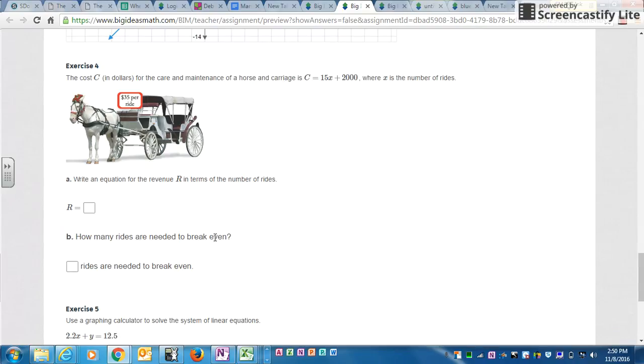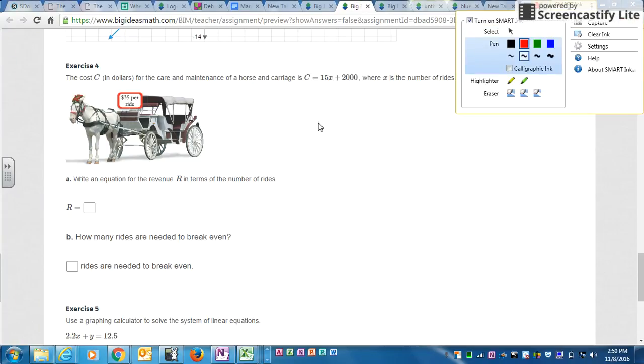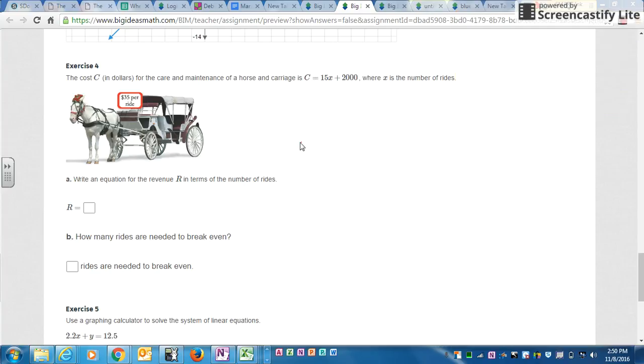And how many rides are needed to break even? So that is a system of equations because it's asking you, when does C equal R? When is 15x plus 2,000 equal to 35x? So at what point are the C and the R equal to each other?